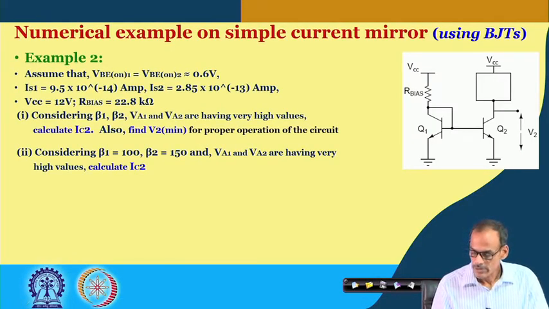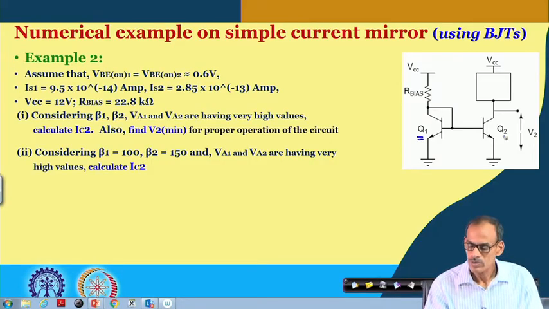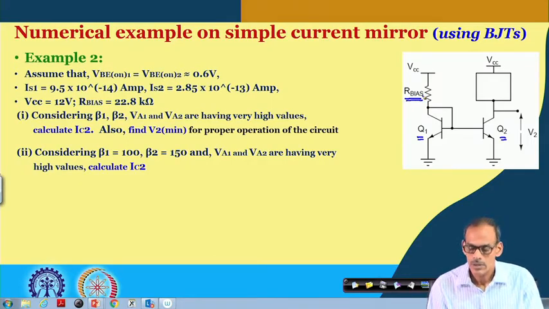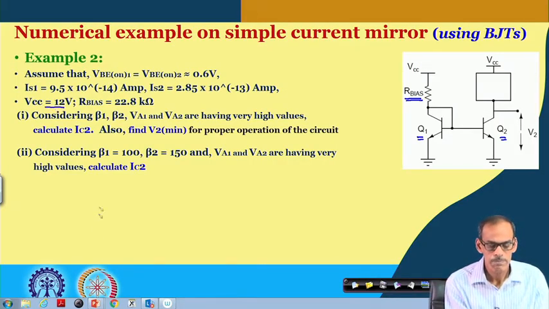Now, in this example we have Q1 and Q2 forming the current mirror, and just for a change, instead of giving a reference current we are giving a resistor here. Supply voltage is given to us as 12 volt.